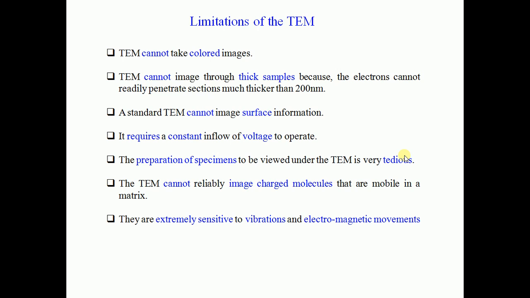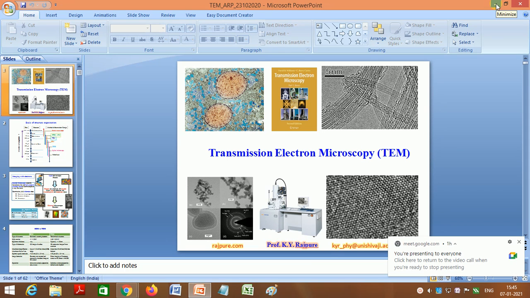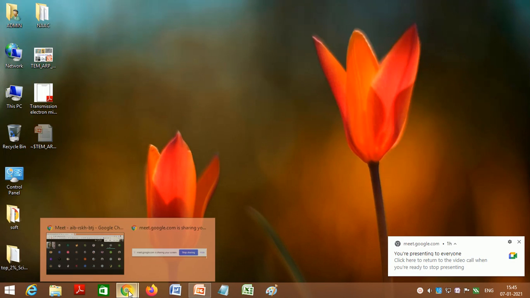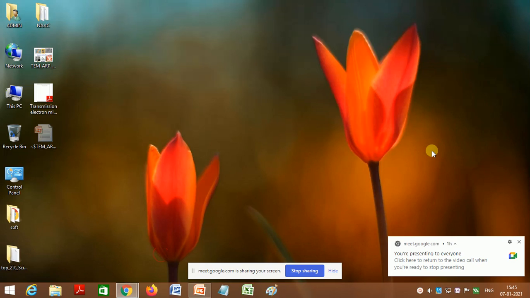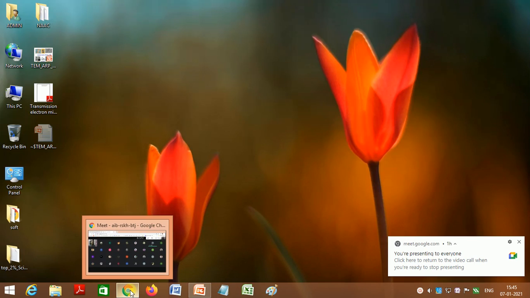So despite some limitations of the TEM, this is a very nice technique, and soon in our common facility center, this technique will be installed, because this instrument has arrived, but due to this COVID pandemic, it was not possible for us to install it in time, but soon we'll be installing it.